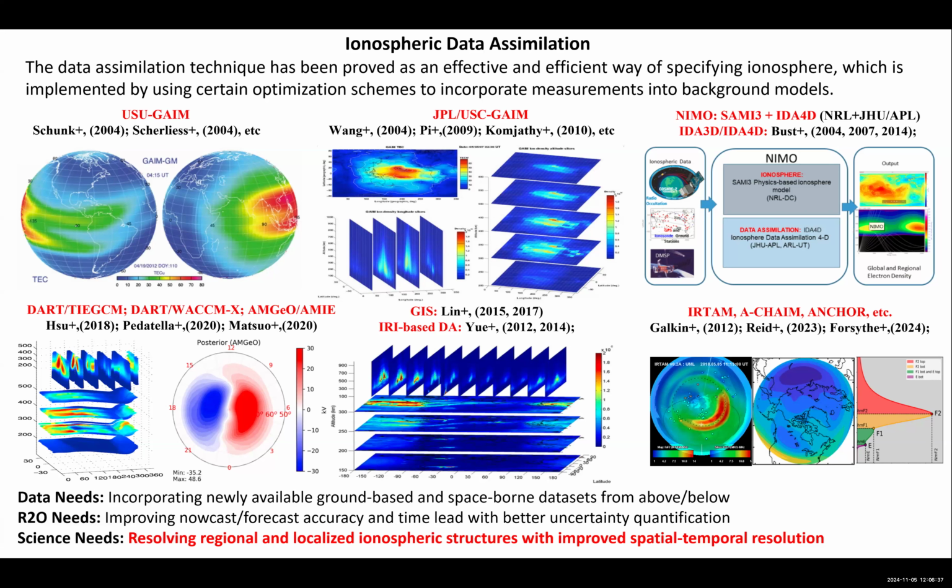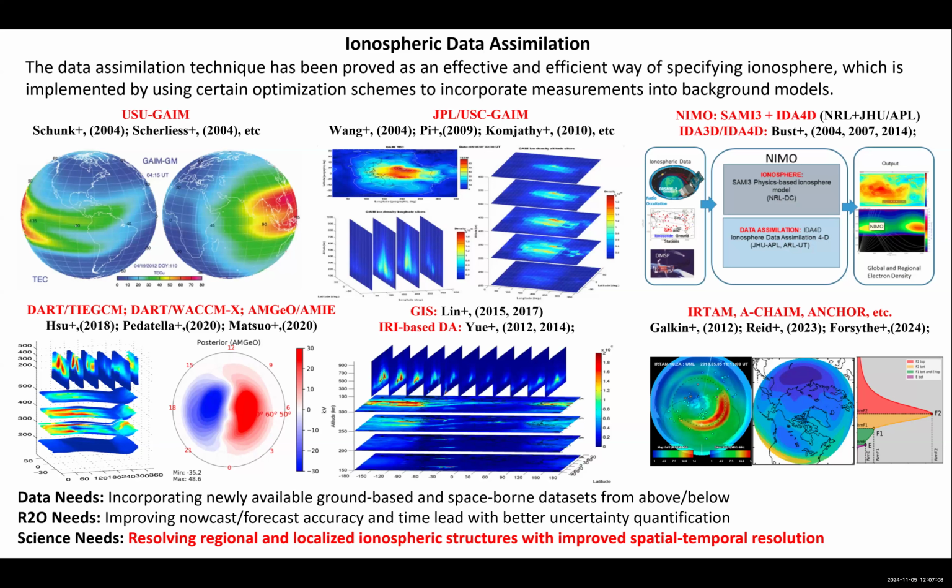So the merit of using the coupled model is that the thermosphere state after the data assimilation can have a relatively slower and long-lasting variation, which may contribute to a longer timescale forecast of the ionosphere through the self-consistent ionosphere-thermosphere coupling mechanism.